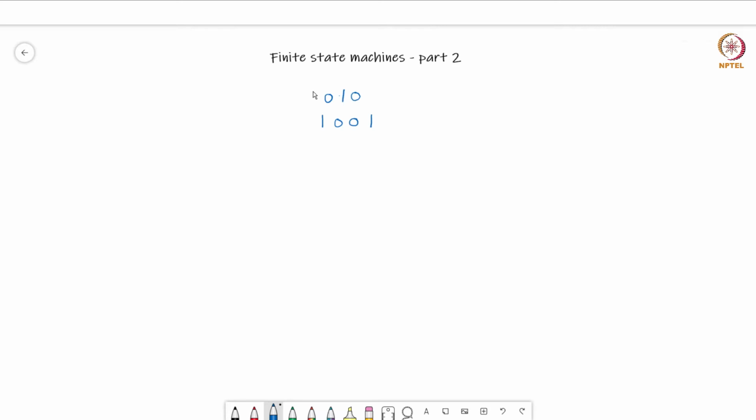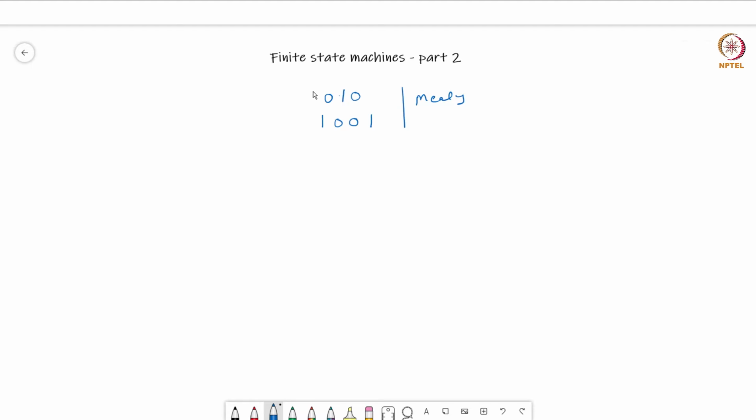The machine which we are going to design is a Mealy machine. That means that the output would depend on the input, so when the input changes, the output will also change. So now how do we start?